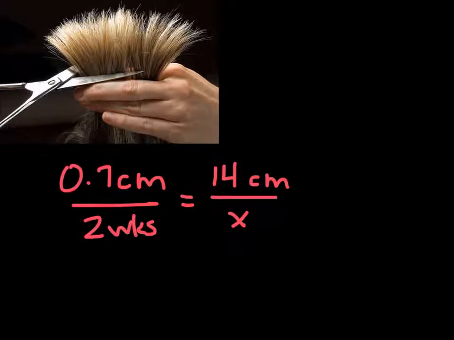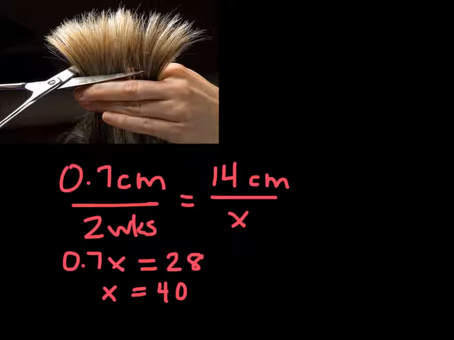So we'll simply take 0.7 times x, or 0.7x, equals 2 times 14, which is 28. Now we divide each side by 0.7 to give us x equaling 40. So hair will take about 40 weeks to grow 14 centimeters. I skipped several mathematical steps there, so please let me know if you need me to clarify that process.